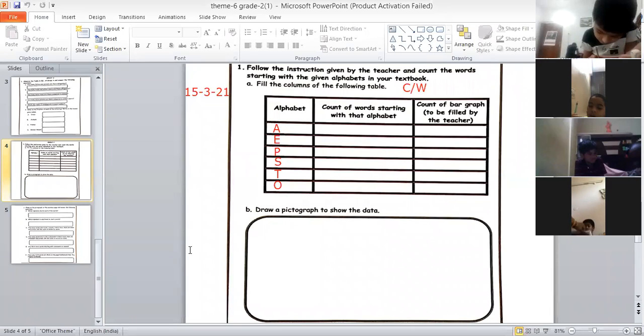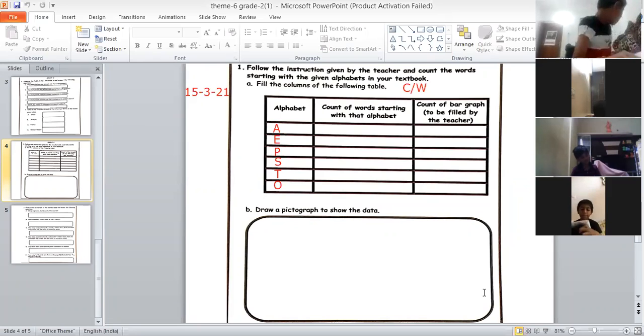Okay, so now we will count the words on page number 1 which are starting with alphabet A. You have to count and tell me how many words start with letter A on page number 1 of your math textbook.